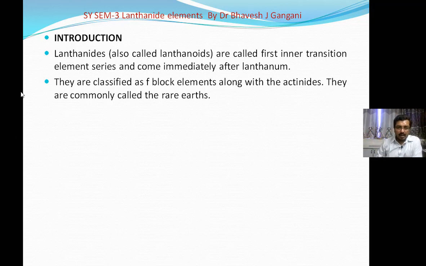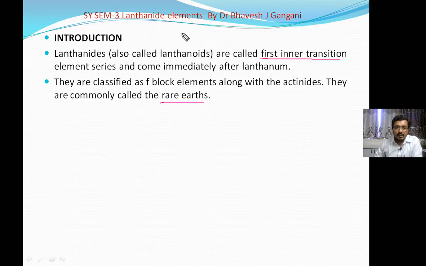Similarly, if the last electron is filled in an f orbital, then it is known as an f block element. F block elements are commonly known as rare earth elements. These F block elements are known as the first inner transition elements.